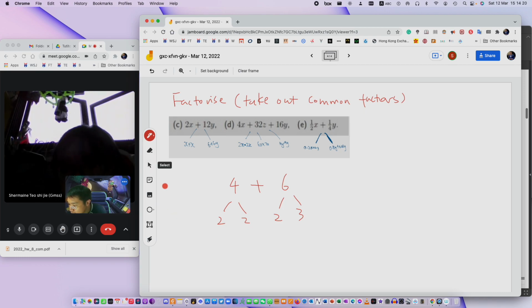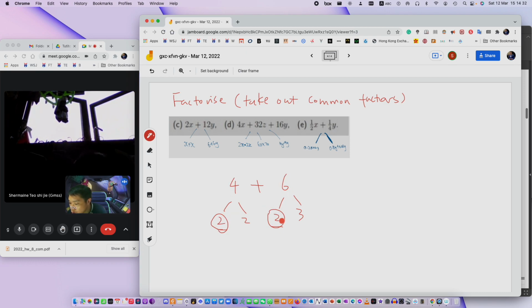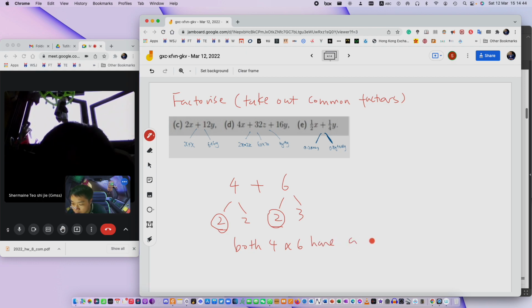Can you see that the 2 and the 2 here, they are common? Meaning inside the 4 I have 2. Inside the 6 I also have 2. So what does it mean? Both 4 and 6 have a common 2. So in this case both 4 and 6 have a common factor 2.